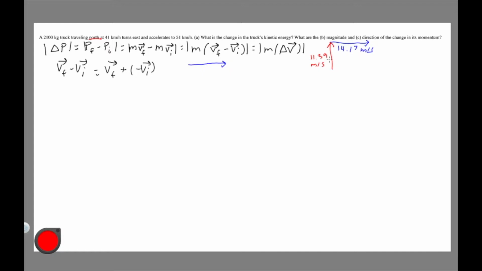So in this case, we want to connect the tail of this new vector, negative VI, to the head of VF. So let's go ahead and do that now. So this is negative VI. And this vector up here is VF.